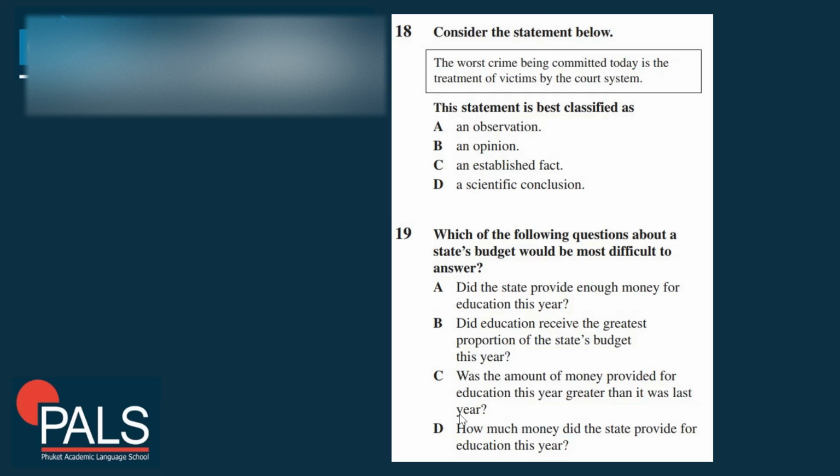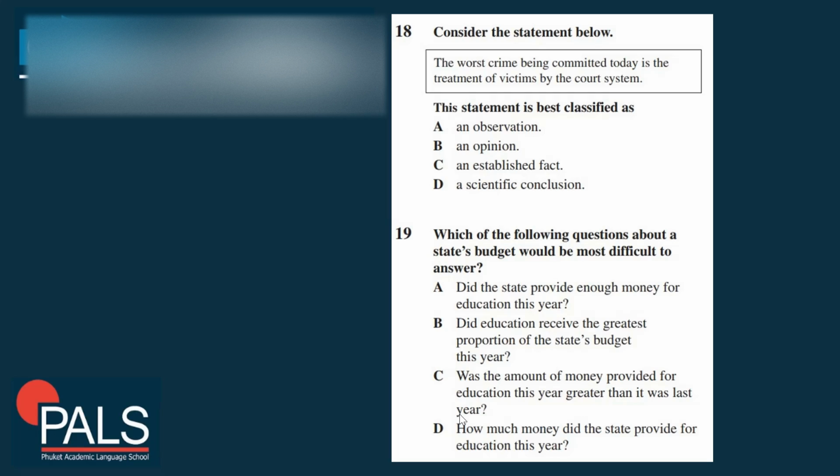An opinion is just a feeling. That is, something is the worst or the best. An established fact would give us some sort of number or something we could reference with a document or a physical characteristic of something. A scientific conclusion would have to be much more convincing than this, and it would use some facts or theories.